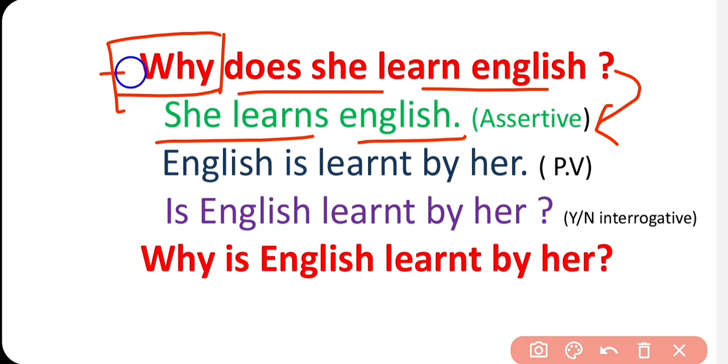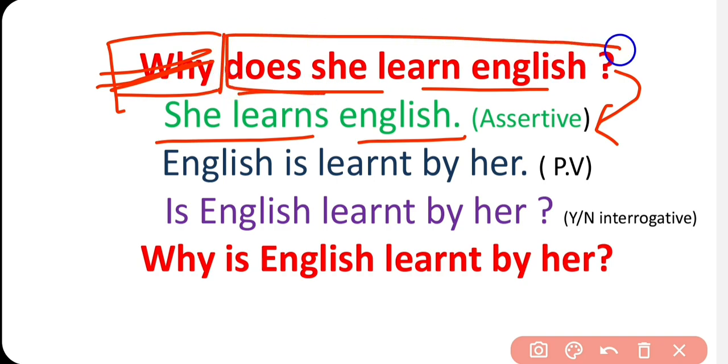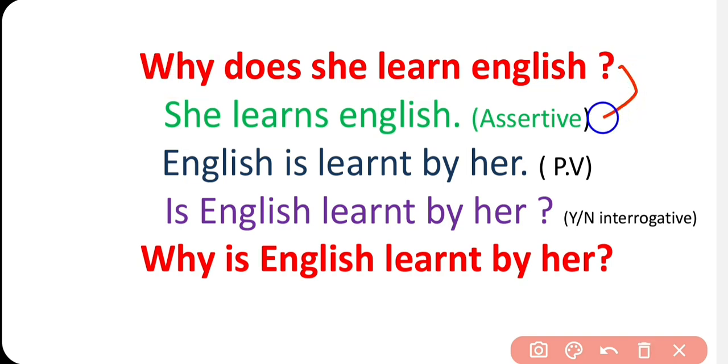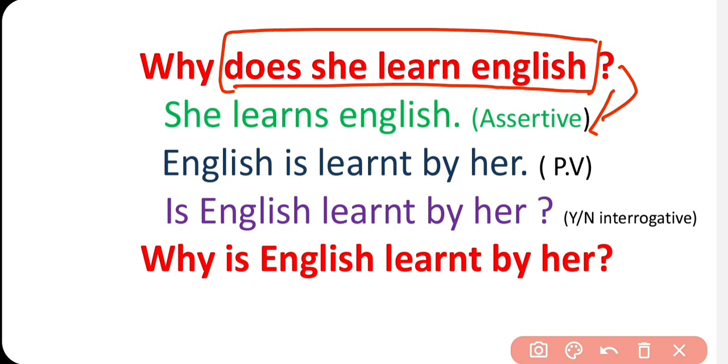If you remove this WH word, then it will be the yes no type question form of this interrogative sentence. So, does she learn English? It is the yes no type question form of this sentence. Now you have to make this interrogative sentence assertive first. So, she learns English.